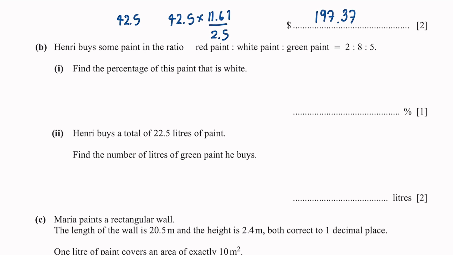Henry buys some paint in the ratio red paint to white paint to green paint equals 2 to 8 to 5. Find the percentage of this paint that is white.